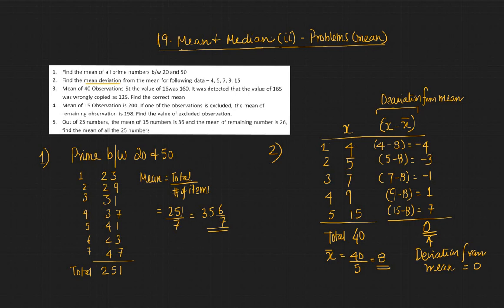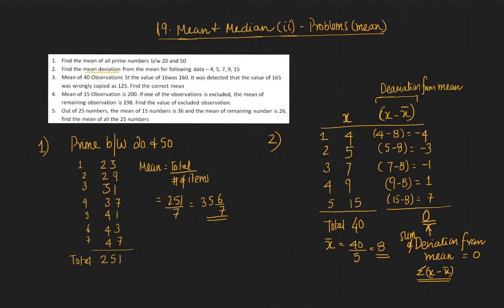Since we call this deviation from the mean, this is the sum of deviation from the mean, and we write it as sigma x minus x bar. That is the notation that we use for this. Sigma is the summation of all the deviations from the mean, and that's 0. Okay, so let's do the next one.